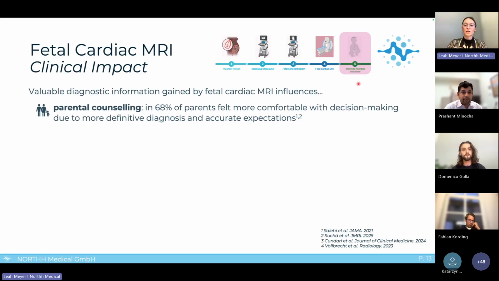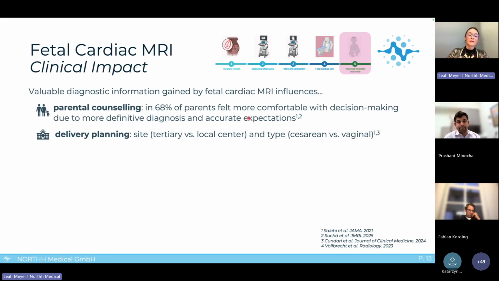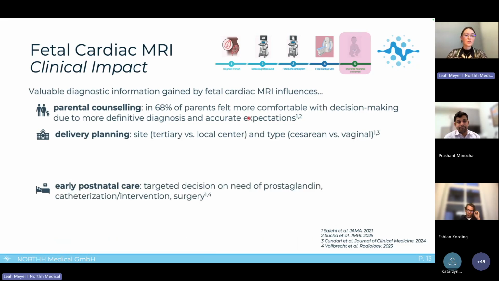at this stage of looking at the neonatal outcome. So fetal CMR can add additional information which influences parental counseling. This makes the parents comfortable also in decision making. Delivery planning: where and how does the baby need to be delivered?